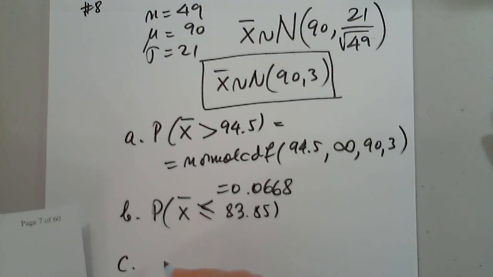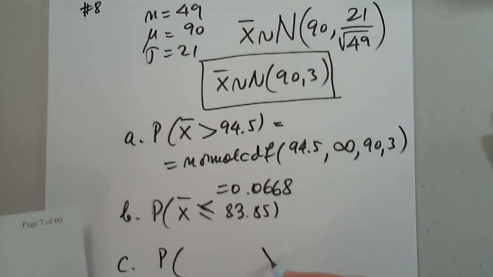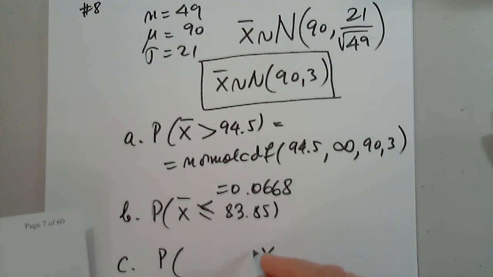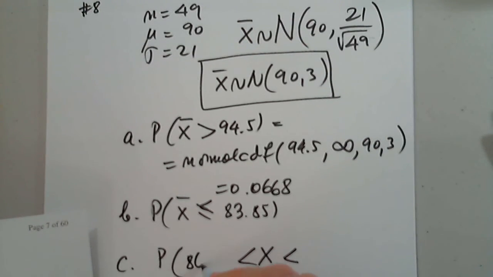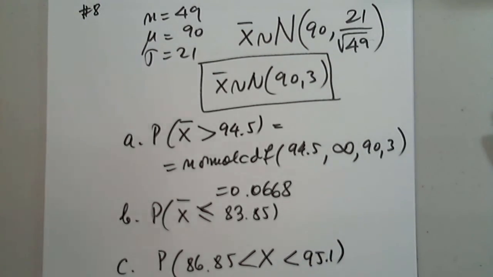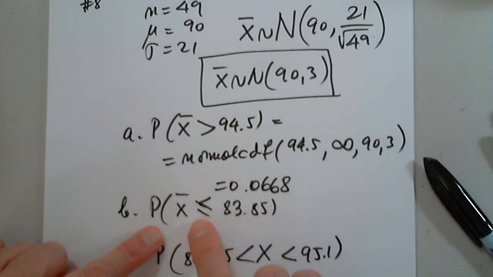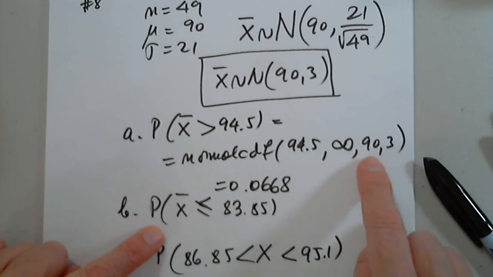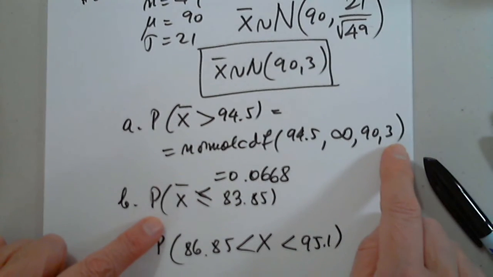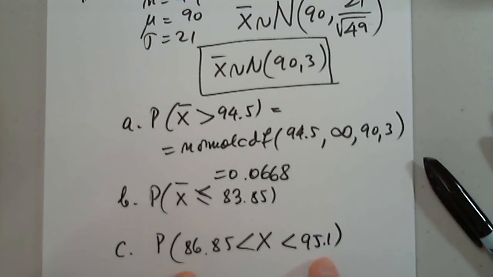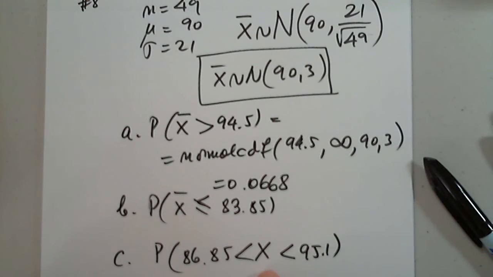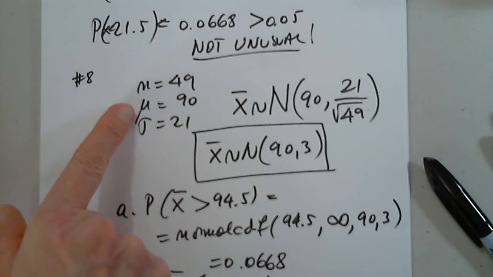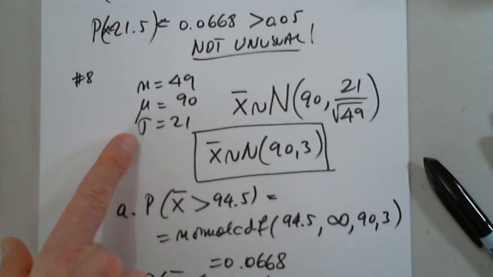And in part C, find the probability that x, not x bar, is between 86.85 and 95.1. So this uses the same mean and standard deviation, 90 and 3, but this does not, right? So this is x, so I have to use the mean of 90 and the standard deviation of 21.